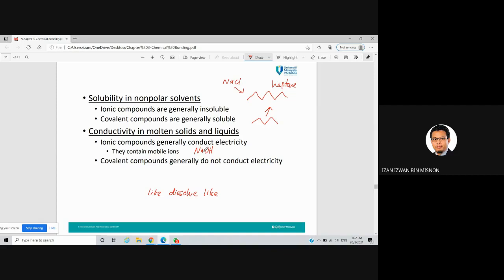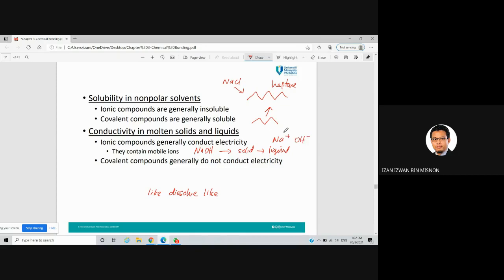It is an ionic compound. When we heat it at high temperature, it will turn from solid to liquid. So in the liquid state, there will be formation of Na plus and OH minus.